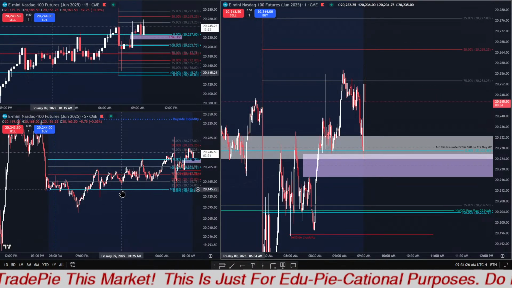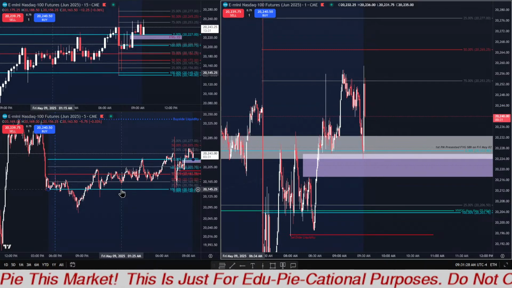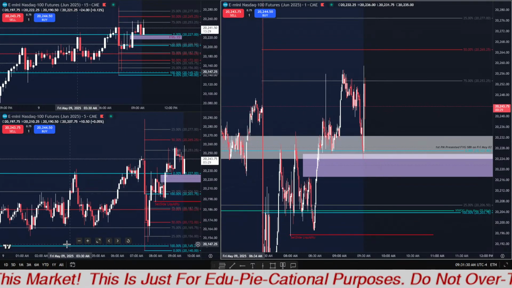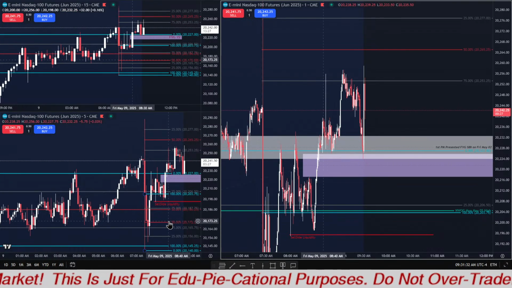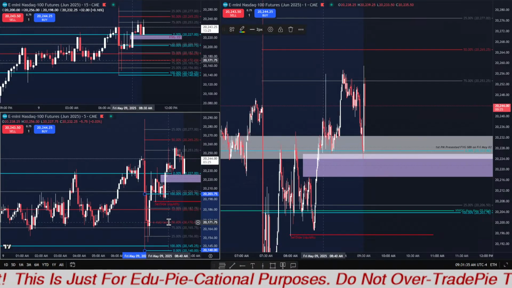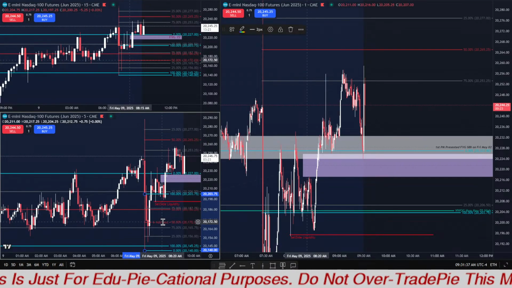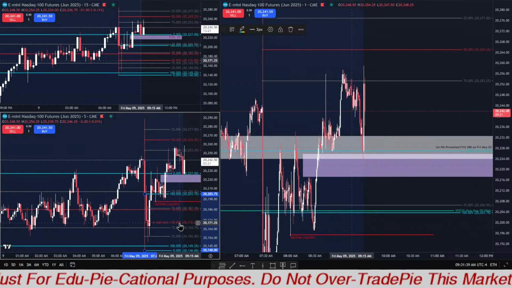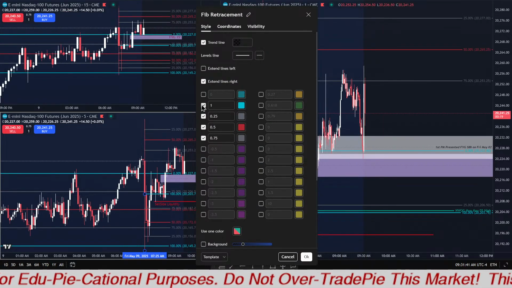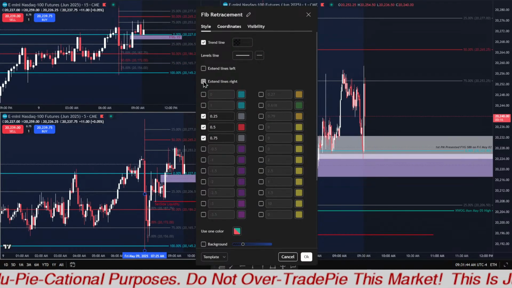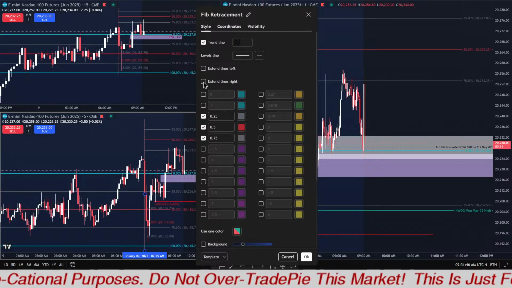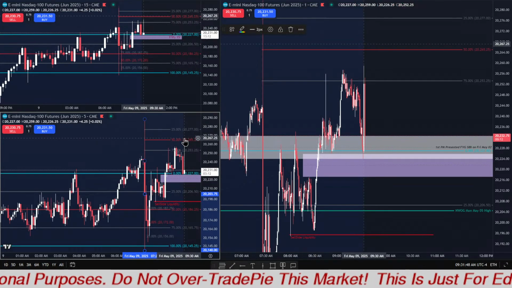Let's see what it does in terms of creating the first presented fair value gap. We have a little bit too many levels over here. I don't want to see the extensions.